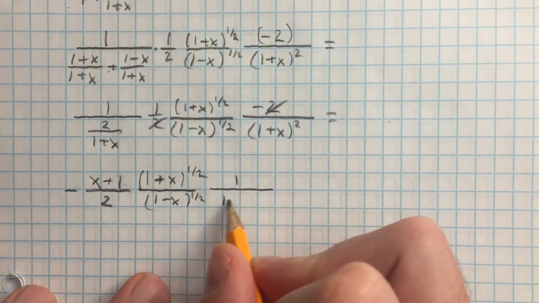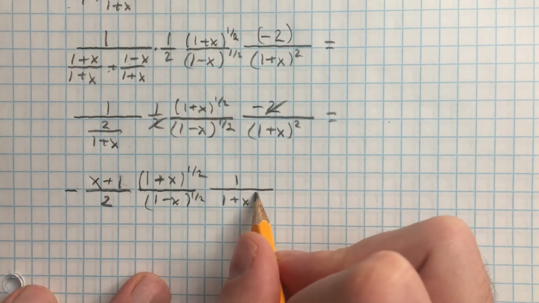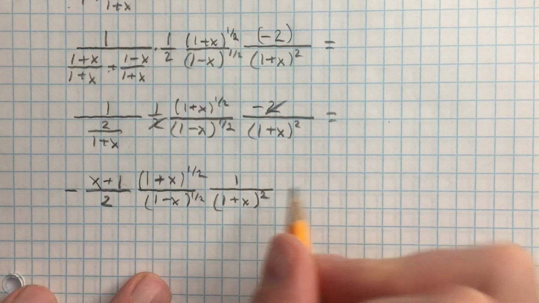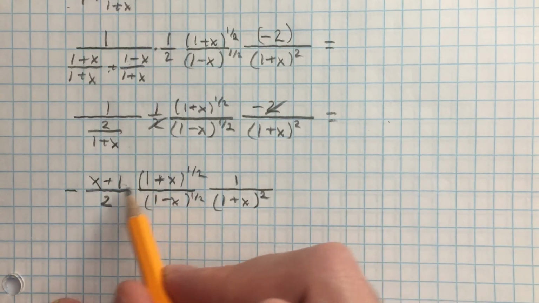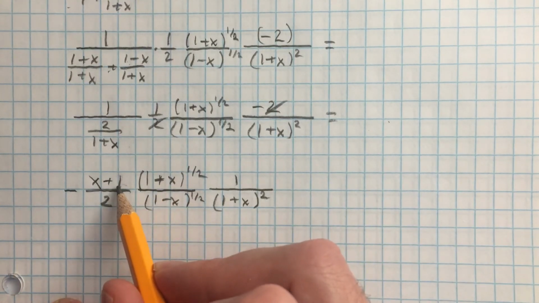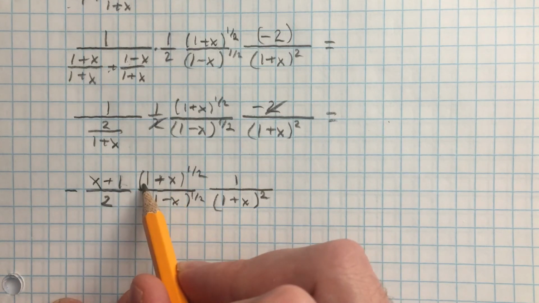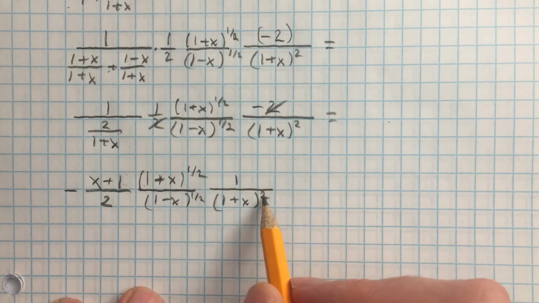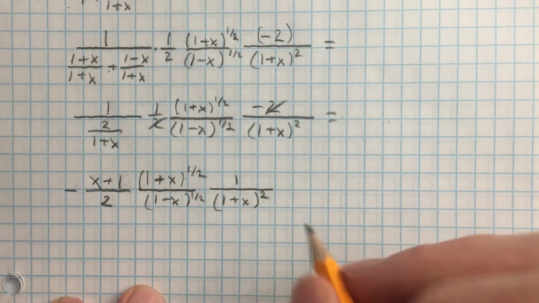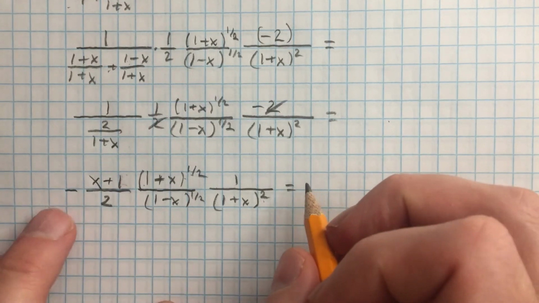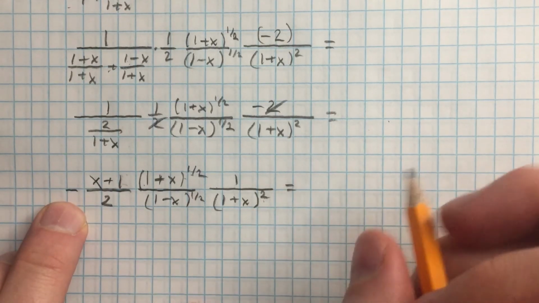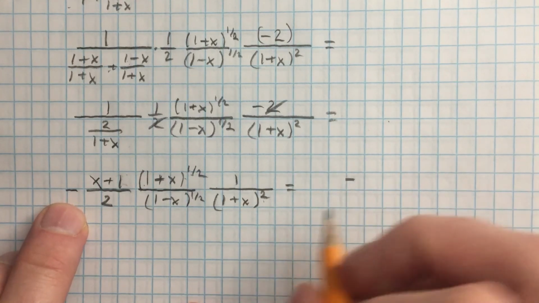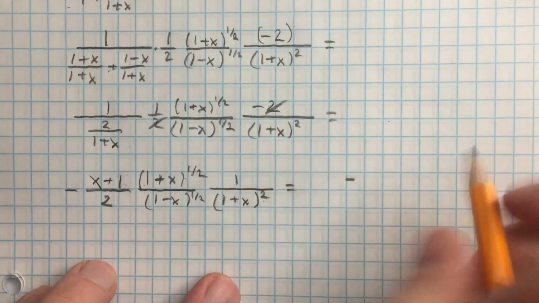And we still got a 1 plus x squared on the bottom. Okay, so for the 1/2 power, that's the 3/2 power. I've got a power of 2 down here. So subtracting 3/2 from 2, I'll have a 1/2. So this should be negative 1 is all that's left.